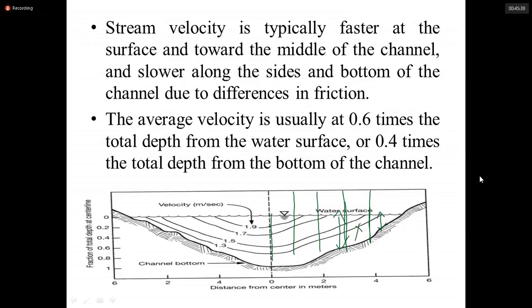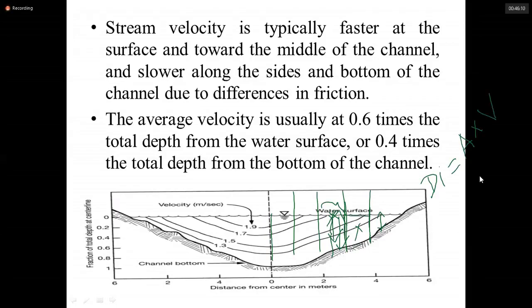But in another case, the velocity is different from point to point in this portion also. So, in the surface area, the velocity is high. Once you go down, the velocity decreases. So, for the discharge calculation, we need to take the area of that portion and the average velocity.